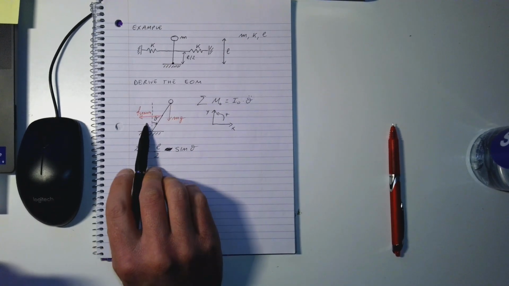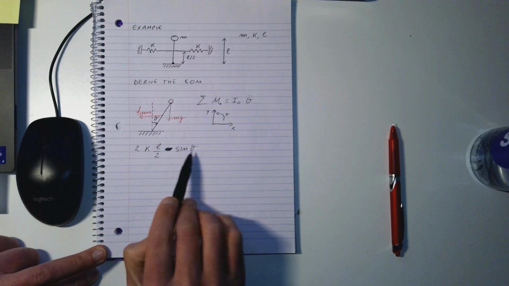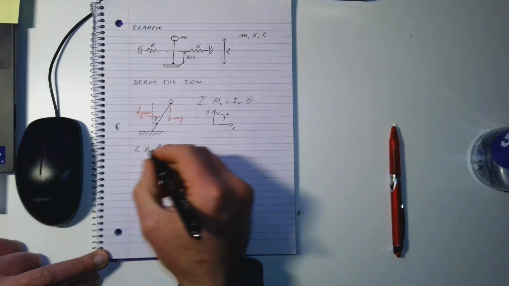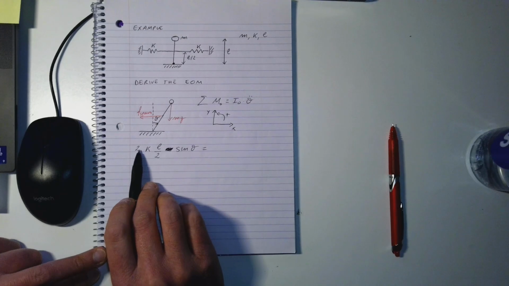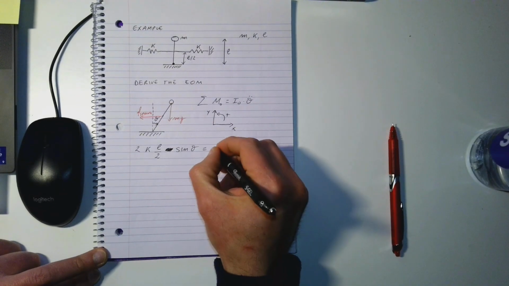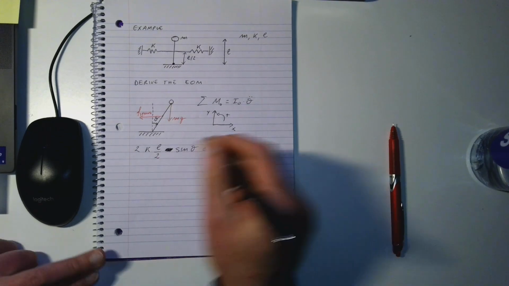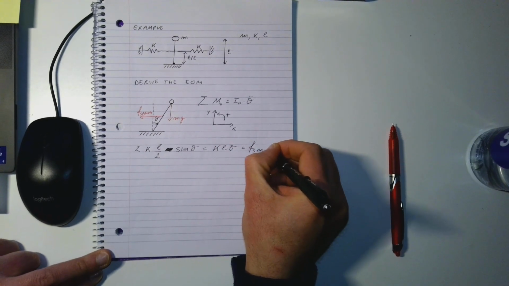This is the force of the spring, so it means that again 2k L/2 sine theta. If theta is small, we can replace sine theta with theta. We can simplify 2 and 2, so we have k L theta. This is the F spring.